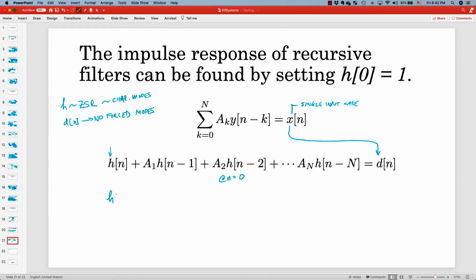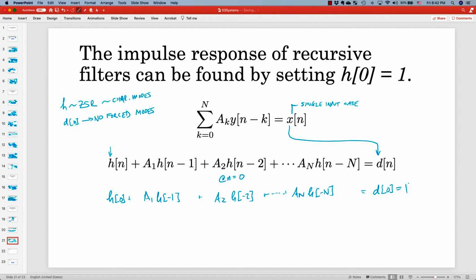And in this case, we have h[0] + a1 h[-1] + a2 h[-2] all the way to h[-N]. Now at n = 0, we know δ[0] is 1.